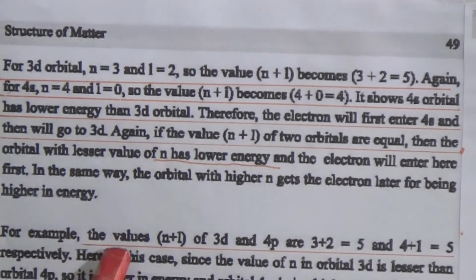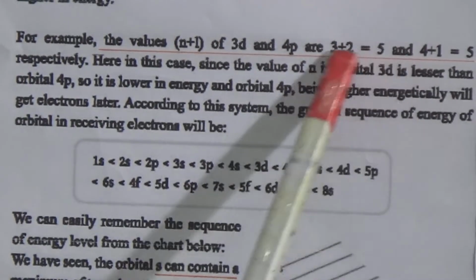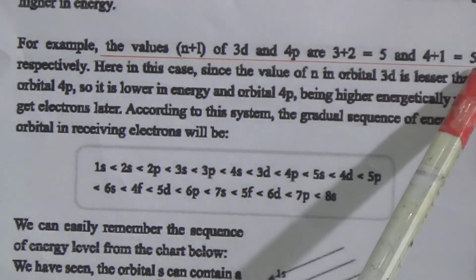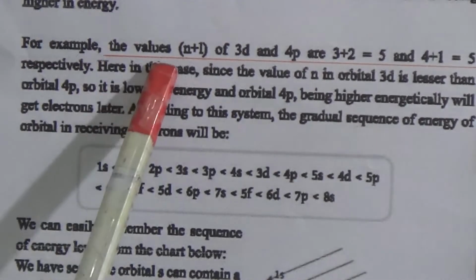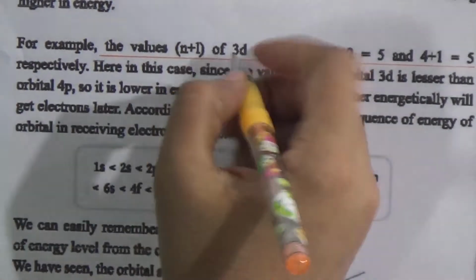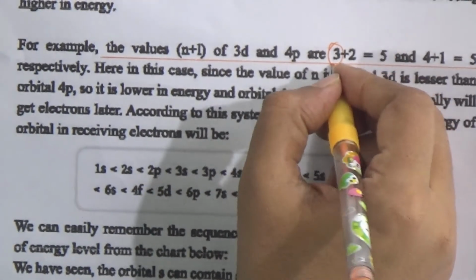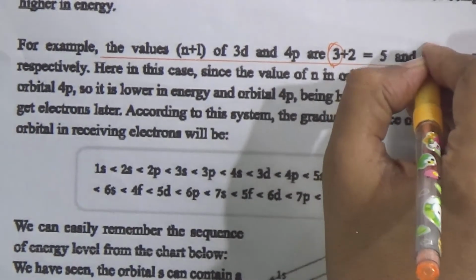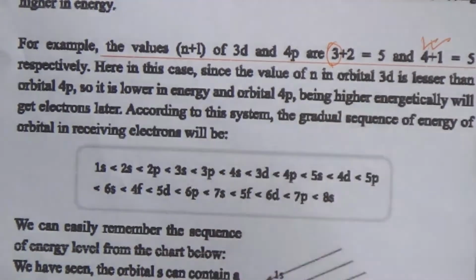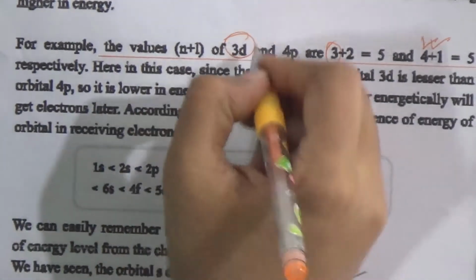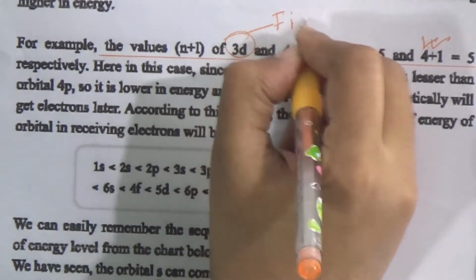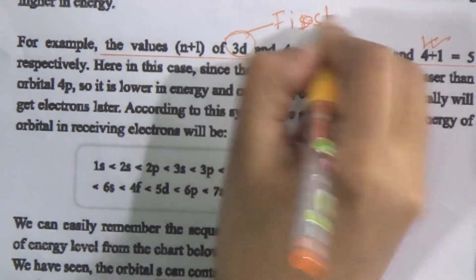For example, the value of n plus l of 3d and 4p is 5: 3 plus 2 is equal to 5, and 4 plus 1 is equal to 5 respectively. Here the value of n is lower in 3d, that's why 3d will get the electron first and 4p will get it after that.